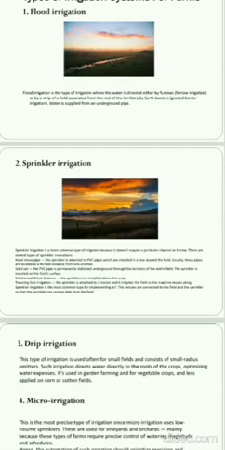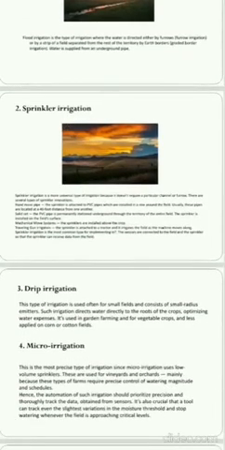Third point, drip irrigation. This type of irrigation is used often for small fields and consists of small radius emitters. Such irrigation directs water directly to the roots of the crop, optimizing water expenses. It is used in garden farming and for vegetable crops and less applied on corn or cotton fields.